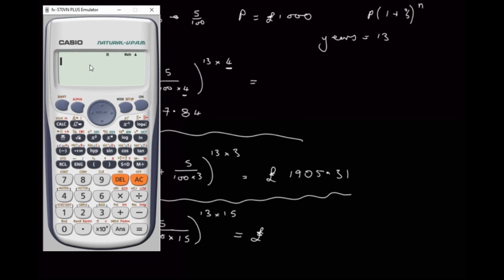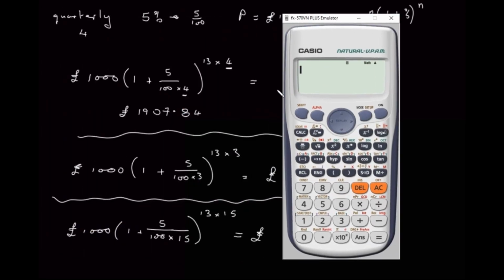Okay, clear that lot. Maybe let's see what we got here. We have our principal sum, 1, 2, 3, times the bracket. Always have the 1 plus the messed around percentage. Do it in fraction form. 5, come down 100. That's your percent.